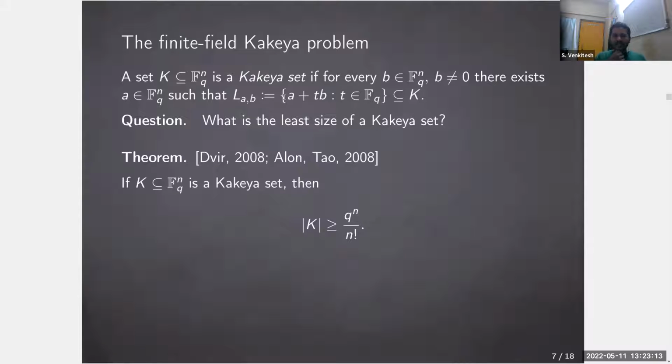So in 2008, Dvir, and Alon and Tao. I've written it this way because the initial argument was given by Dvir, and Alon and Tao polished the argument a bit further to get better bounds. So Dvir, Alon, and Tao in 2008 showed that any Kakeya set in F_q to the n must have size at least q to the n by n factorial.